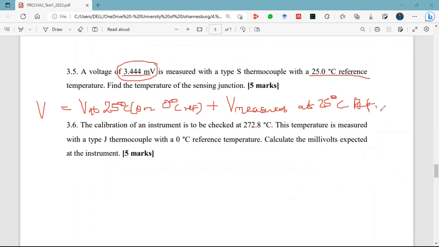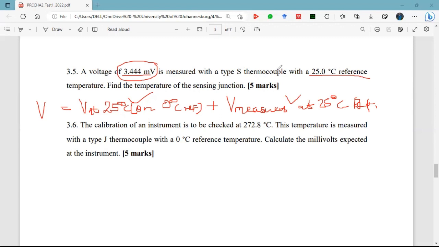So even if, for example, they say type S thermocouple with 50 degrees reference temperature, what you had to do was take the voltage that you get at 50 and add it to the voltage that you are given here, the one they tell you was measured at 50, right?